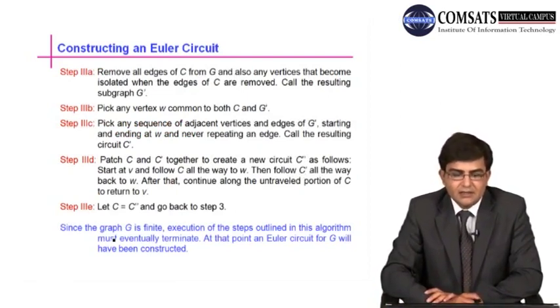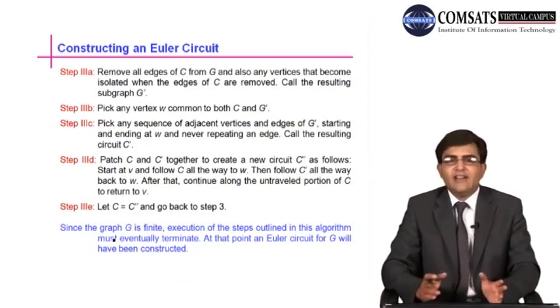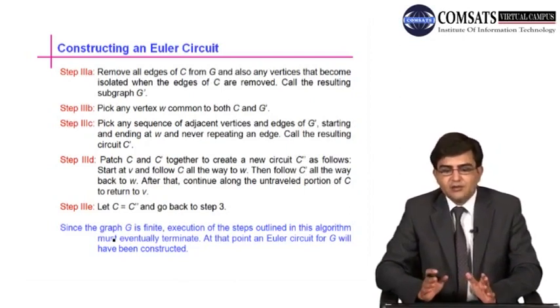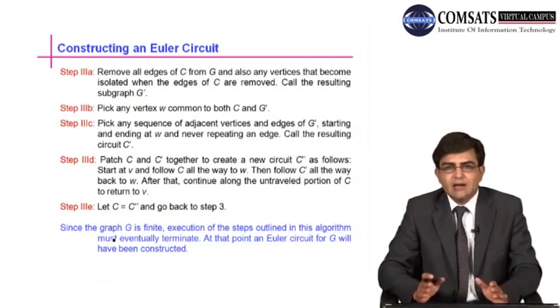Step 3A is: remove all edges of C from G. That is, you just imagine that we have removed all the edges of C from G, and also any vertices that become isolated when the edges of C are removed.